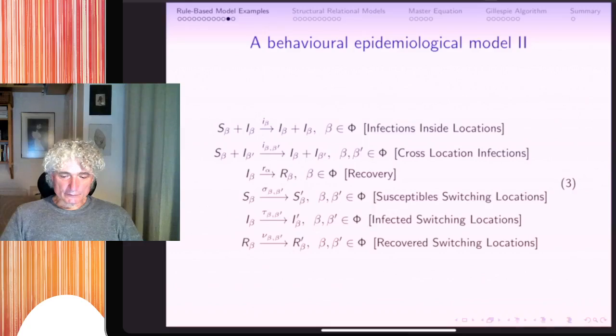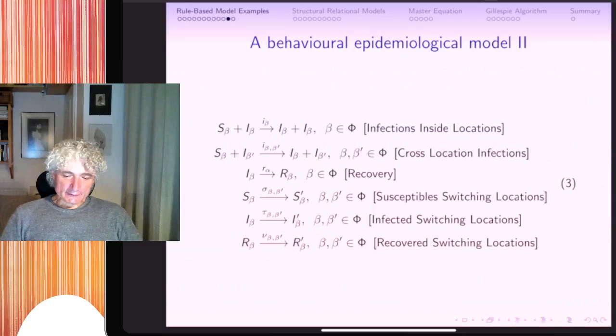So this is all happening now inside locations. That's a nice way to model, for example, certain dangerous places, because then you can have, for example, in pubs, where people are not very much into social distancing, you can assume there is a very high infection rate, I beta here, for such locations. Whereas at home, if you are staying at home, then the I beta here is very, very low.